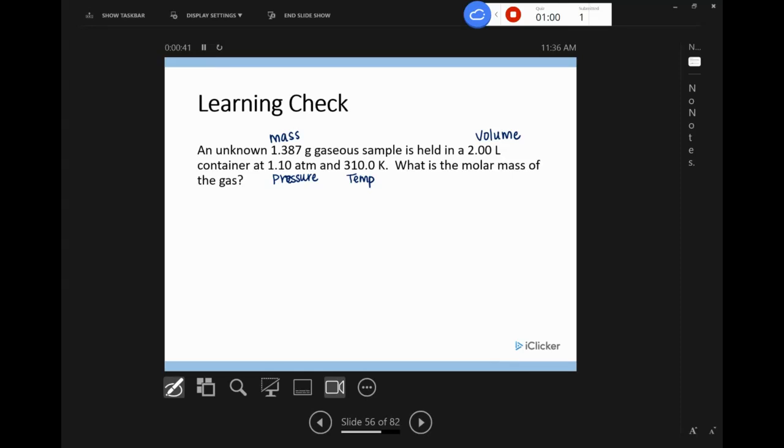The first step is calculating how many moles are present. That's your iClicker. And then you'll take that and calculate molar mass. So again, once you finish the iClicker, continue working on the problem, find the molar mass of this gas.